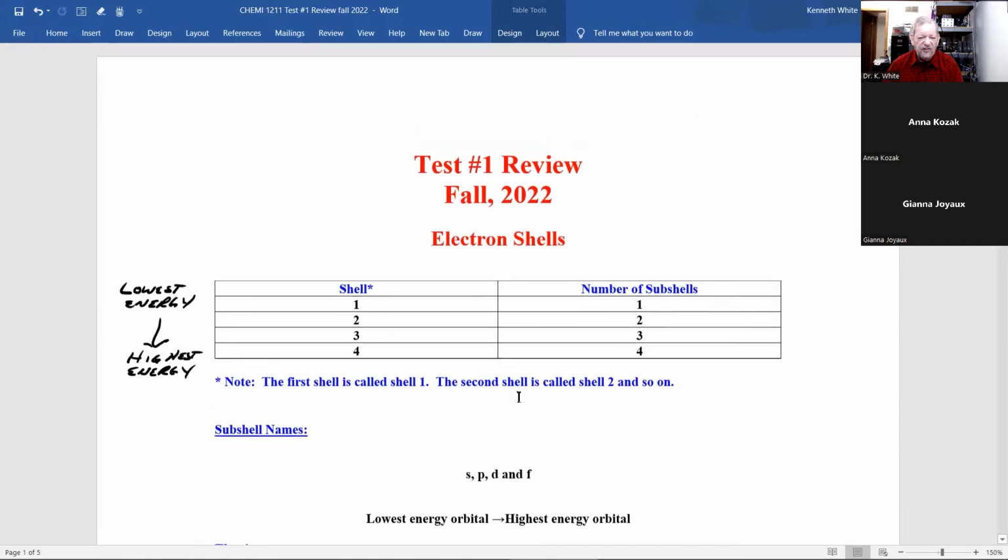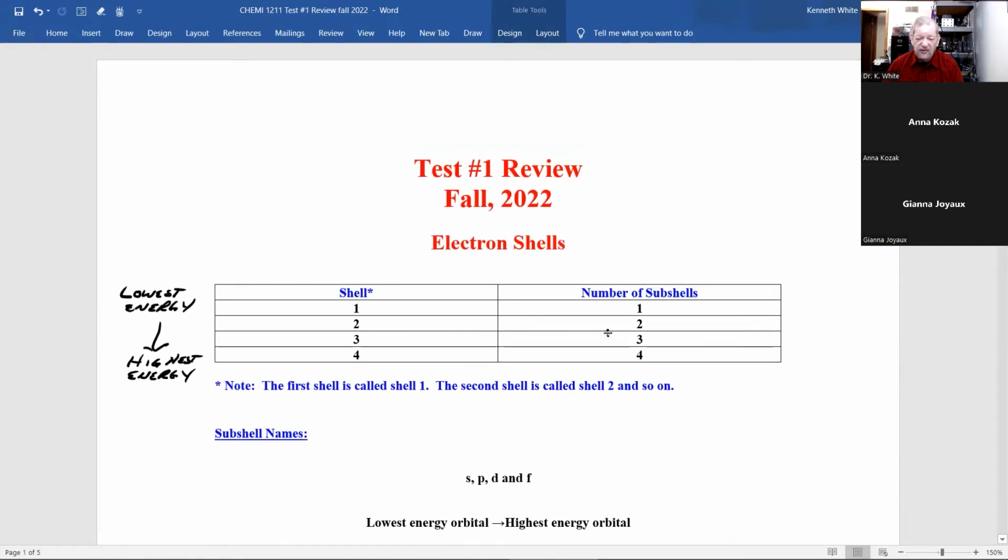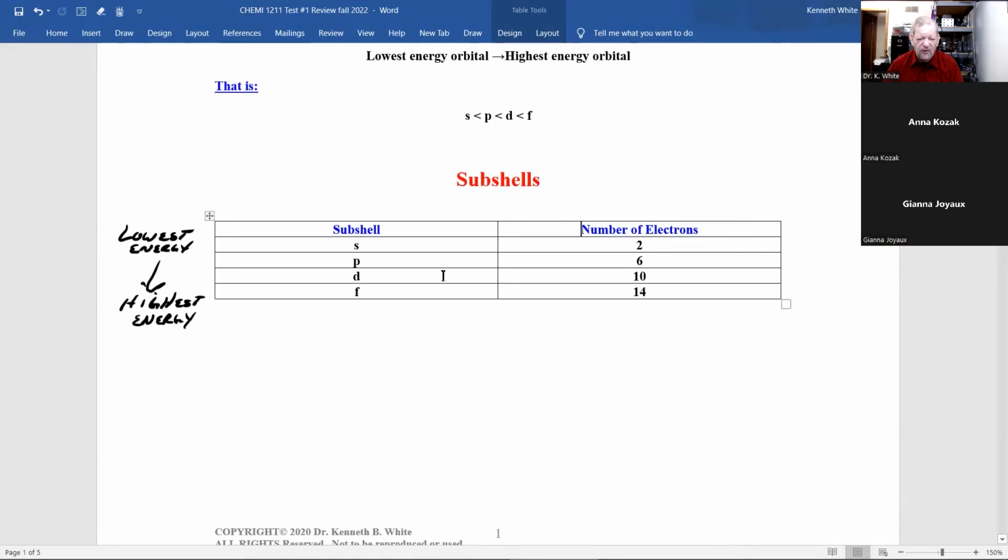So shell 2 has 2 subshells. The first one is 2s, the second one 2p. In s, I can put 2 electrons max, in 2p, 6.